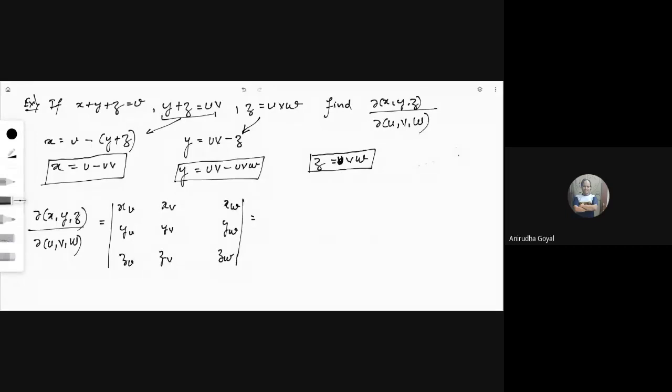U square V. What is it? U square V. Yes, final. Yes, it is correct. Final answer is u square.